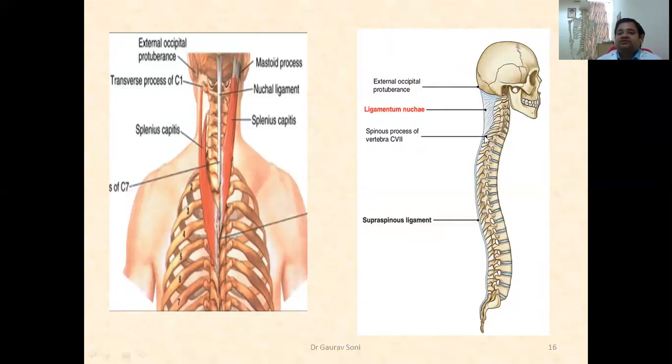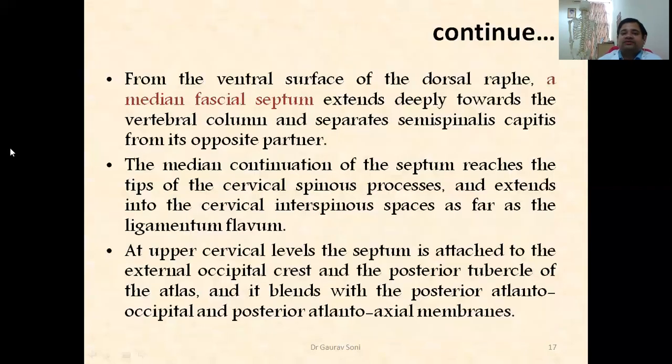This is the spinous process of C7. In between them, there is a specific arrangement known as the ligamentum nuchae. In this diagram also you can see the same thing, the nuchal ligament lying in the middle. This is the C7 point and this is the EOP. Then certain muscles, like splenius capitis, are also helping it down. You can see the muscles giving support to it, tendon, and some parts of other muscles also help it out.